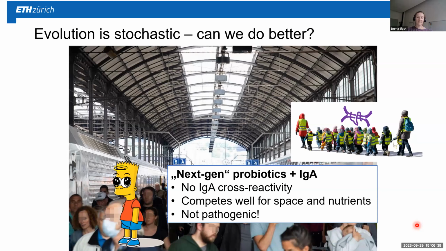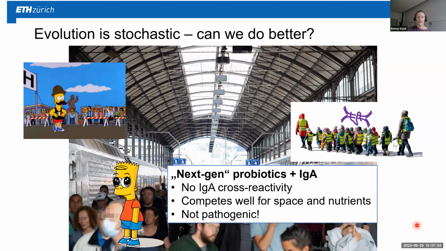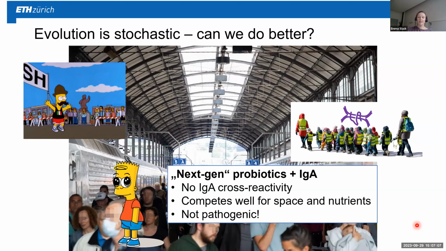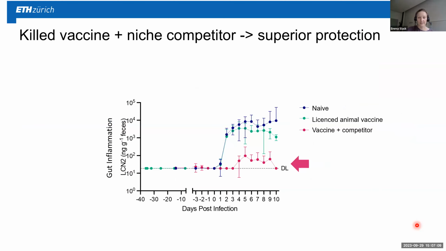And that gave us the idea that rather than just waiting for bacterial evolution to generate this less virulent pathogen, we could already put in what we're going to call a next generation probiotic that has all the metabolic characteristics, so it competes well with Salmonella, but it's not pathogenic. And also it's not recognized by our induced antibody responses. And if we can do that, then we ought to be able to set this up so that our benign competitor always wins the race, right?